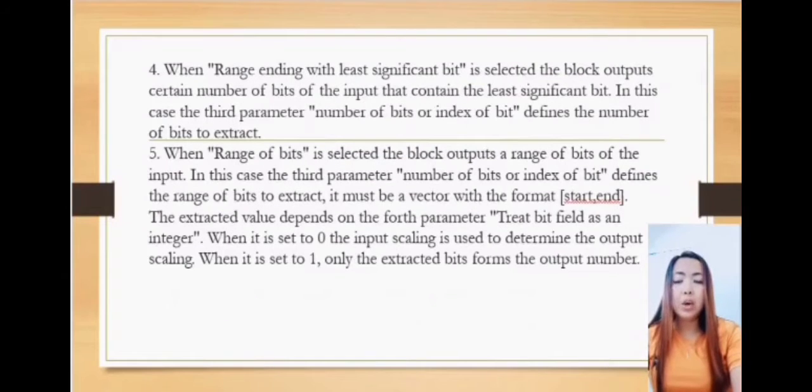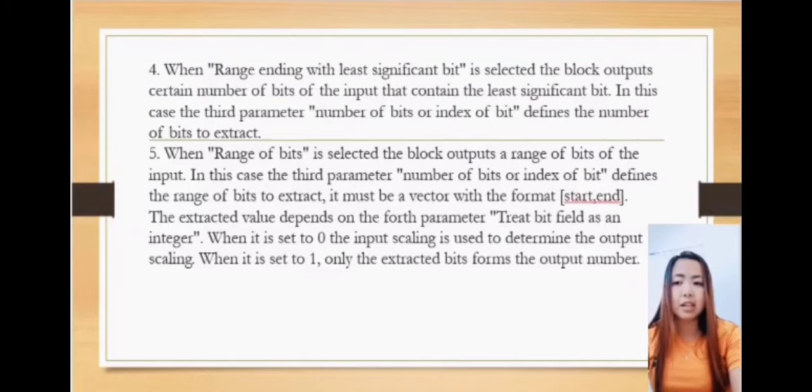And lastly, when Range ending with least significant bit is selected, the block outputs a certain number of bits of the input that contain the least significant bit. In this case, the third parameter, Number of bits or Index of bits, defines the number of bits to extract. When Range of bits is selected, the block outputs a range of bits of the input.